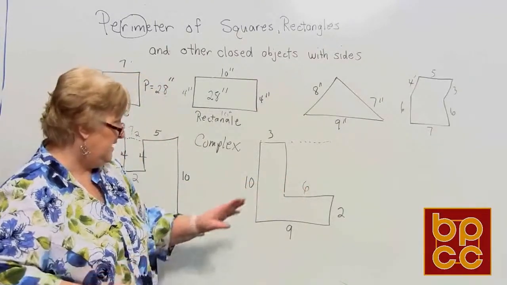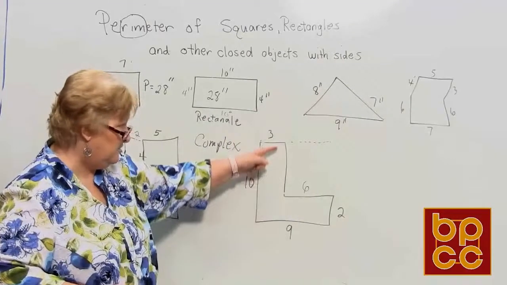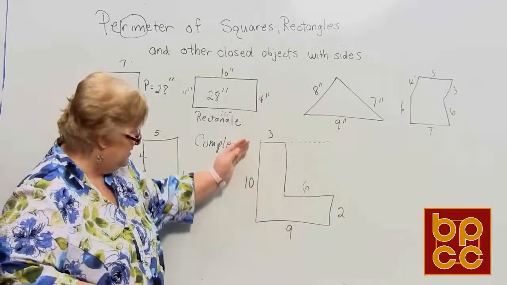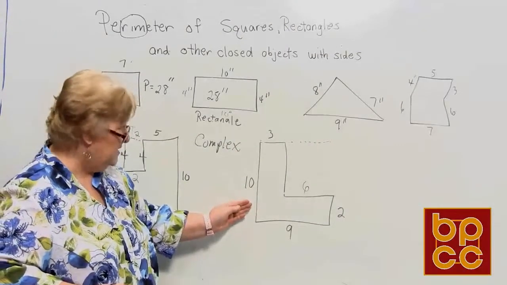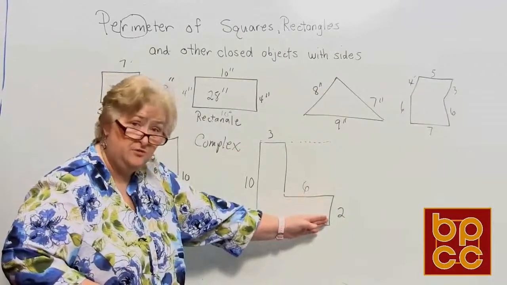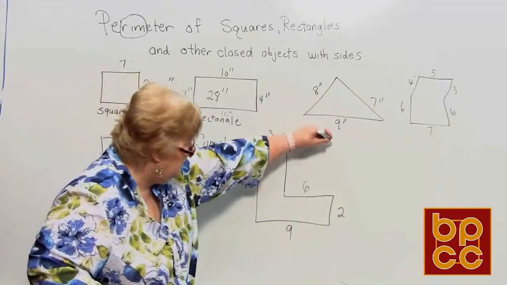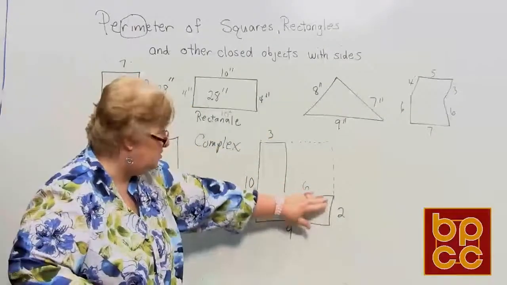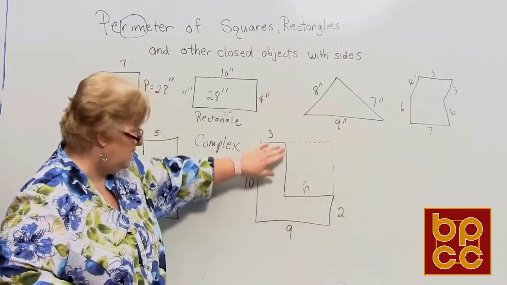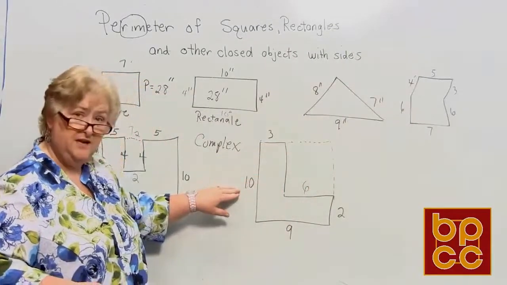Now, let's take a look at our vertical. We have a vertical line missing. This full vertical line is 10, isn't it? Okay. Now this vertical line is 2. But I need to know the 2 and how much more of this would add up to 10.